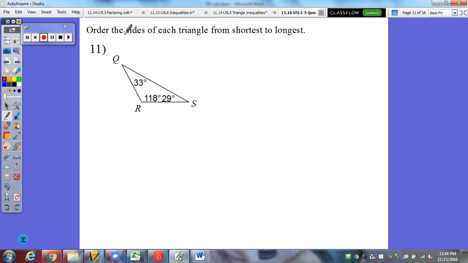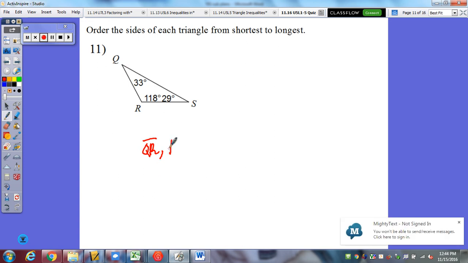If I'm going shortest to longest, what is my smallest angle? Well, angle S is my smallest angle, so I'm going to look across from that and see that side QR has to be my shortest side. My next shortest side is going to be RS. And then after that, my longest side is going to be QS.